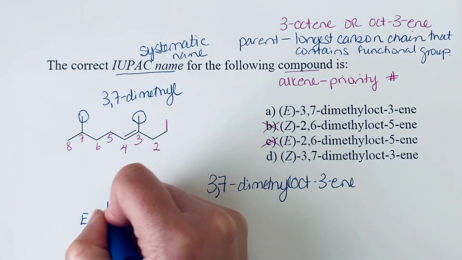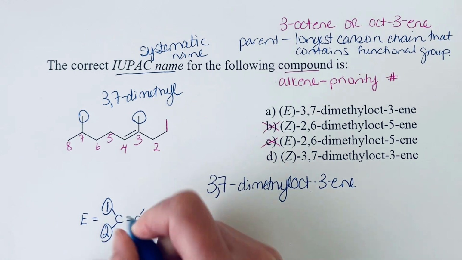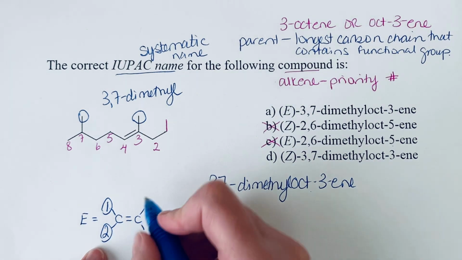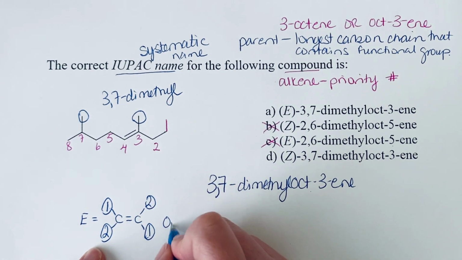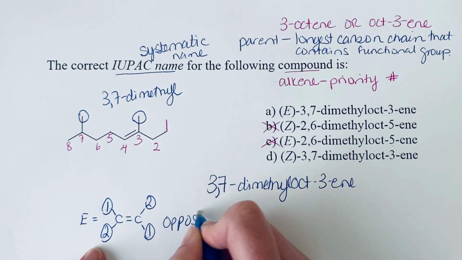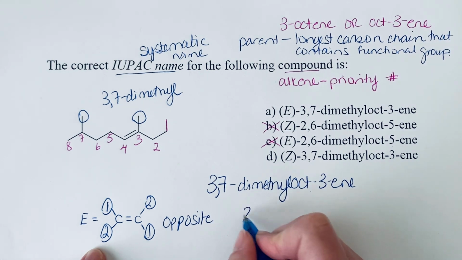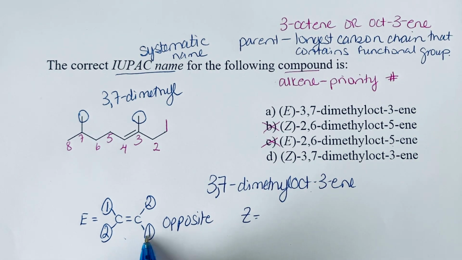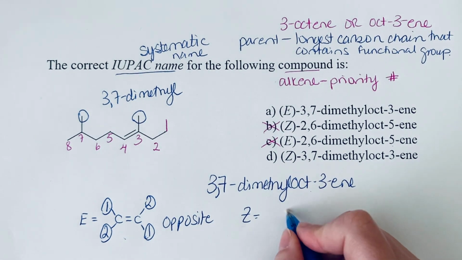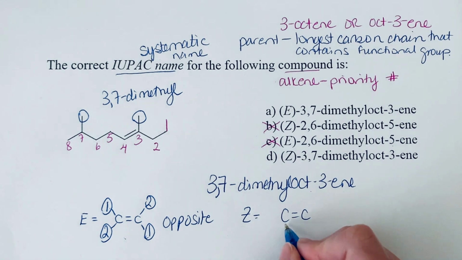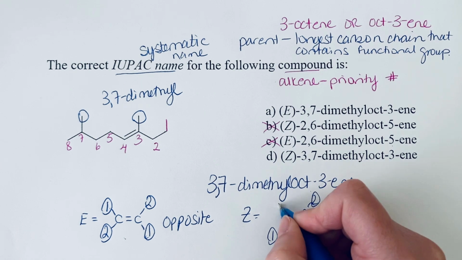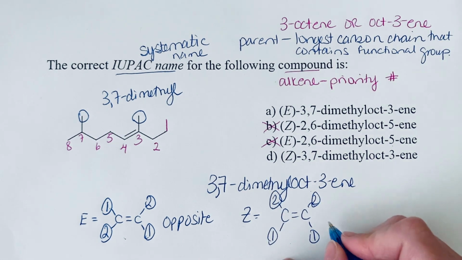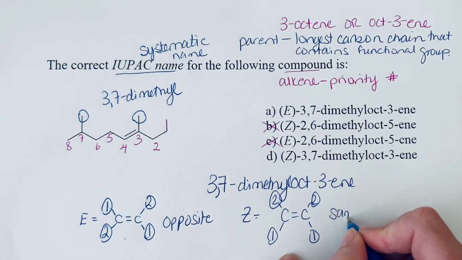So if those high priority groups, so say you came up with 1 and 2 on this carbon, 2 and 1 here, if they are on opposite sides, then that is E. For Z, you probably figured this out, it's going to be on the same side. So when you assign those priority groups, if they are on the same side, then that is Z.